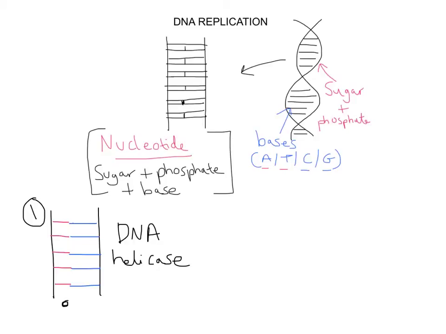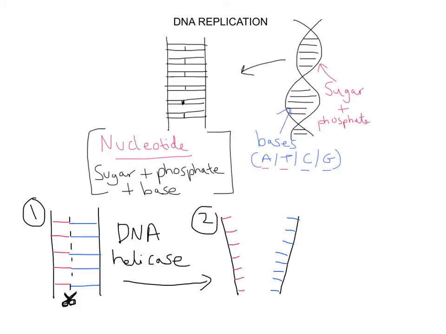Think of it almost a bit like a pair of scissors, and it will split them down the middle. So what you end up with ultimately are two strands that look a bit like this, two separated strands. Again, this is sufficient for Key Stage 4 level. I'm going to go in more detail in another video for A level and IB. So we end up with two separate strands.